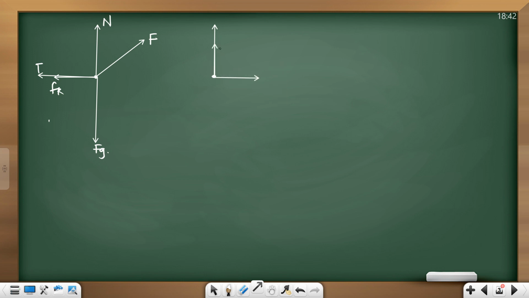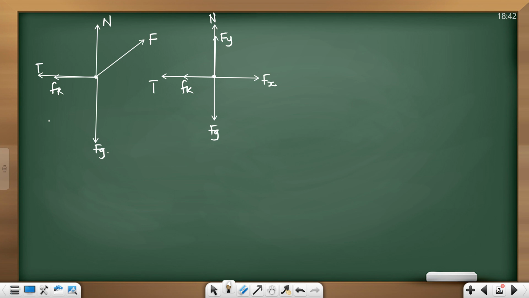So there'll be 2 forces actually pointing upwards: Fy and the normal force. We still have our tension this way. We still have our Fg. So what do we have? Fg, Fx, normal, Fy, Fk, and tension.